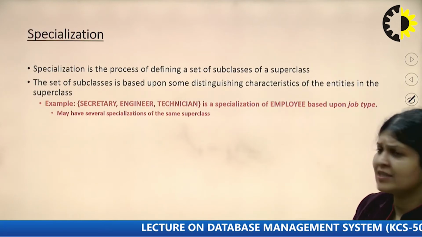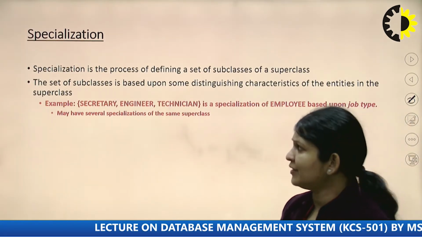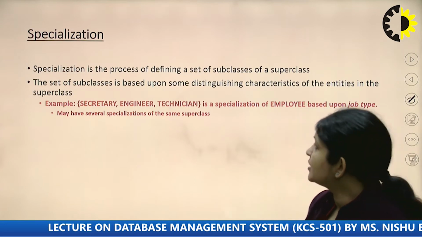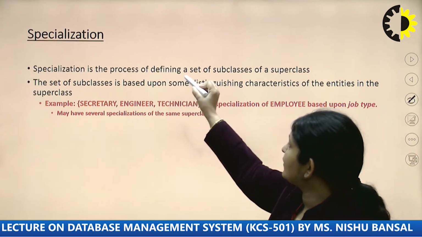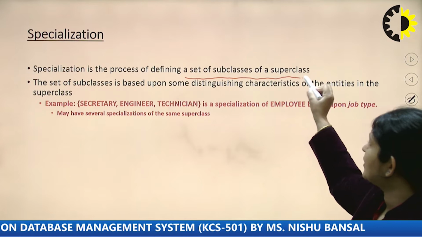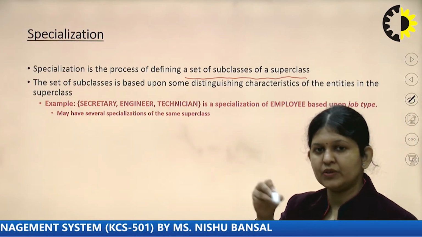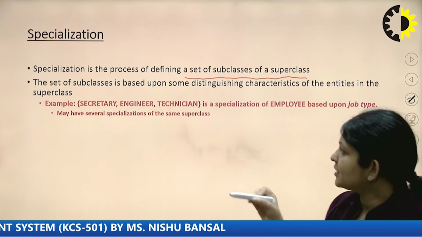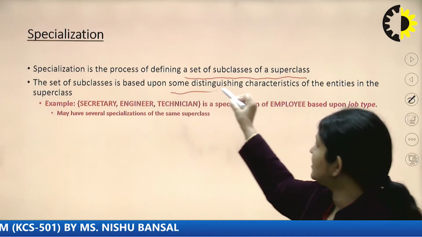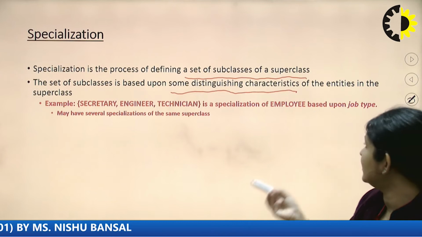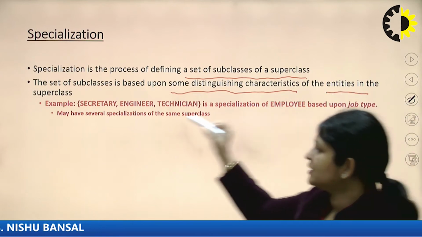Now, specialization. Let's see the formal definition of specialization. Specialization is the process of defining a set of subclasses of a superclass. That is, we are dividing a superclass into subclasses. The set of subclasses is based upon some distinguishing characteristics of the entities in the superclass.